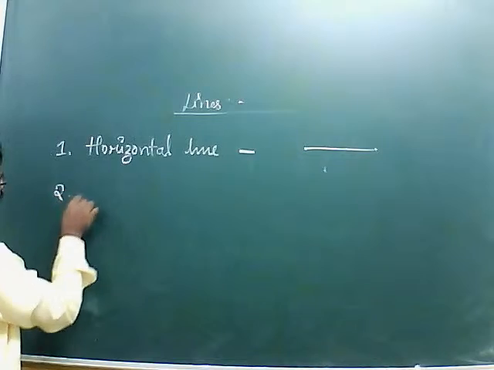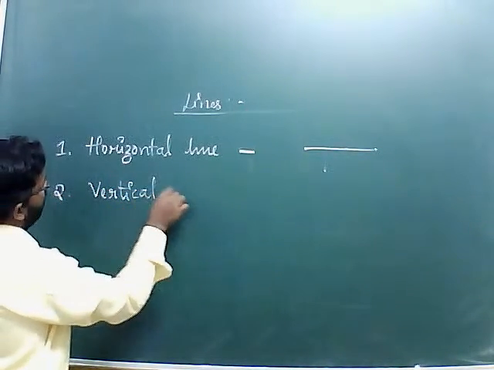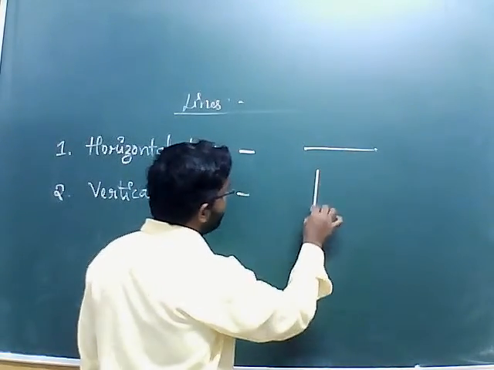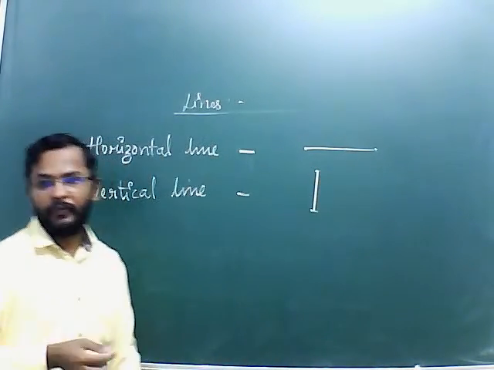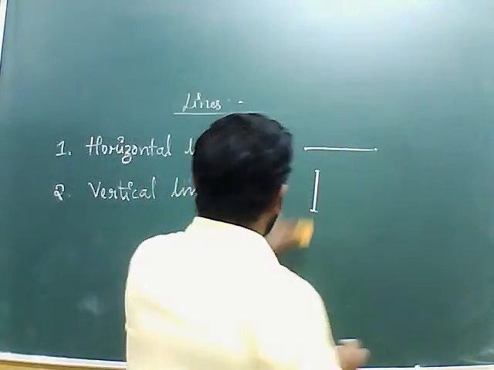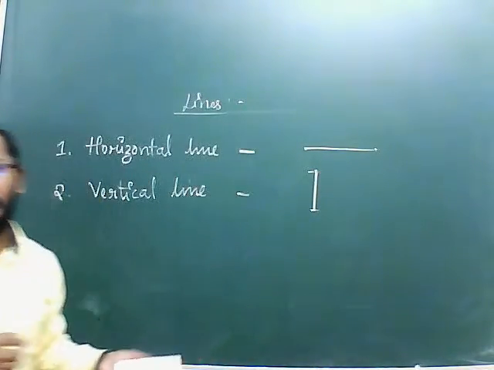Next, we take the vertical line. A vertical line is a standing line. Standing means it should be straight, not slanted. This one looks a little slanted, so we can make it a proper standing line.